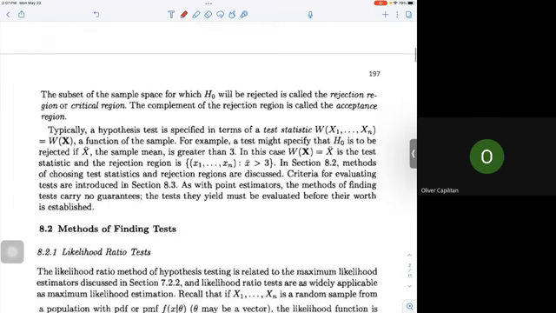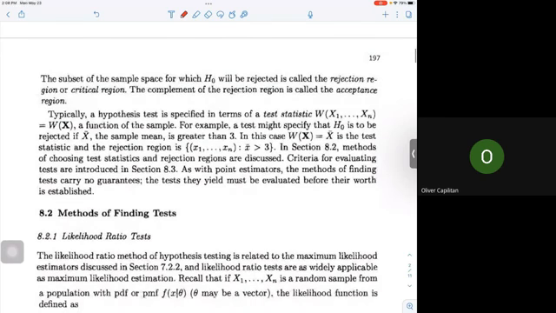In a hypothesis test, the test is usually specified in terms of a statistic, a function of the sample. Here we denote it as W of our sample. Say, for example, we have a test where our null hypothesis H sub 0 is to be rejected if the sample mean is greater than 3.